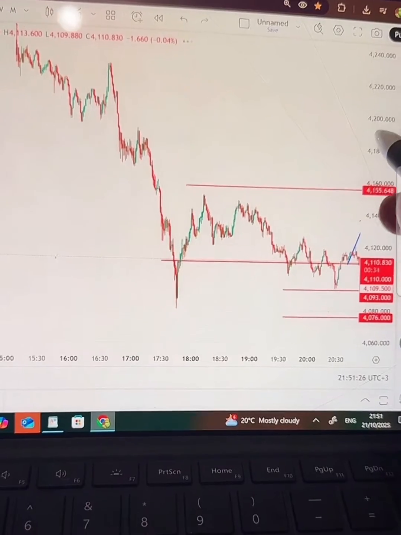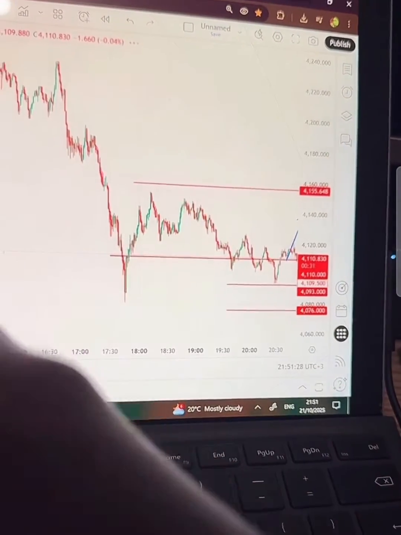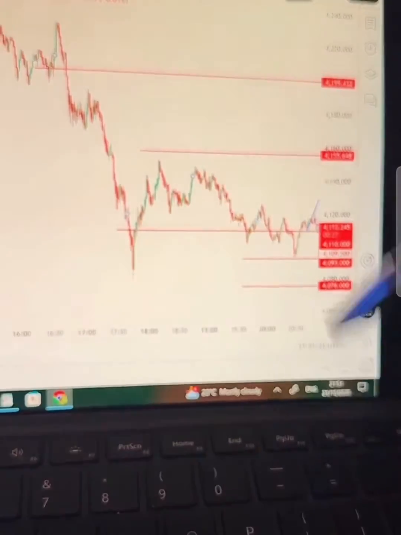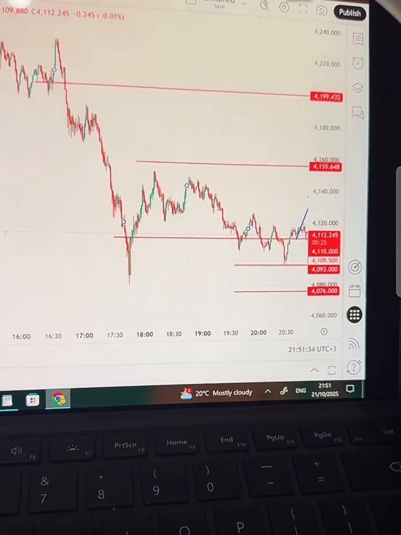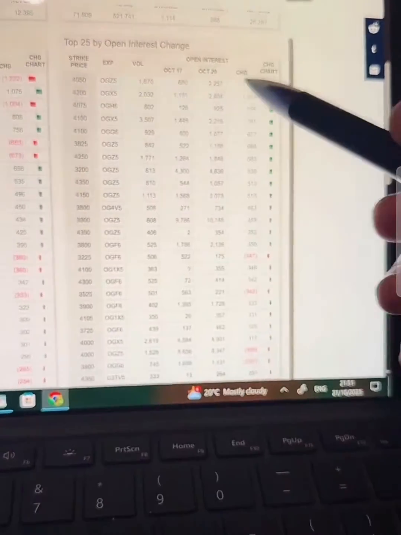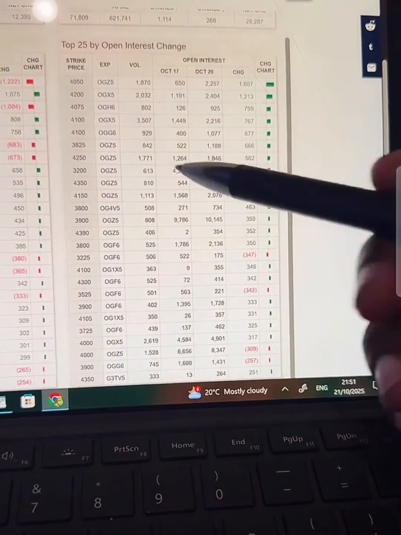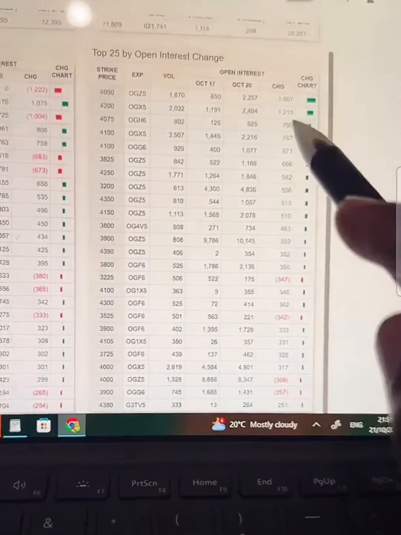So if you take a look at this strike level, 4200 here, we can see a lot of activity happened there between date 17, I think it was Friday, 18, 19, 20, and yesterday date 20. Where is that 4200? It disappeared again. Oh yeah, this is 4200.